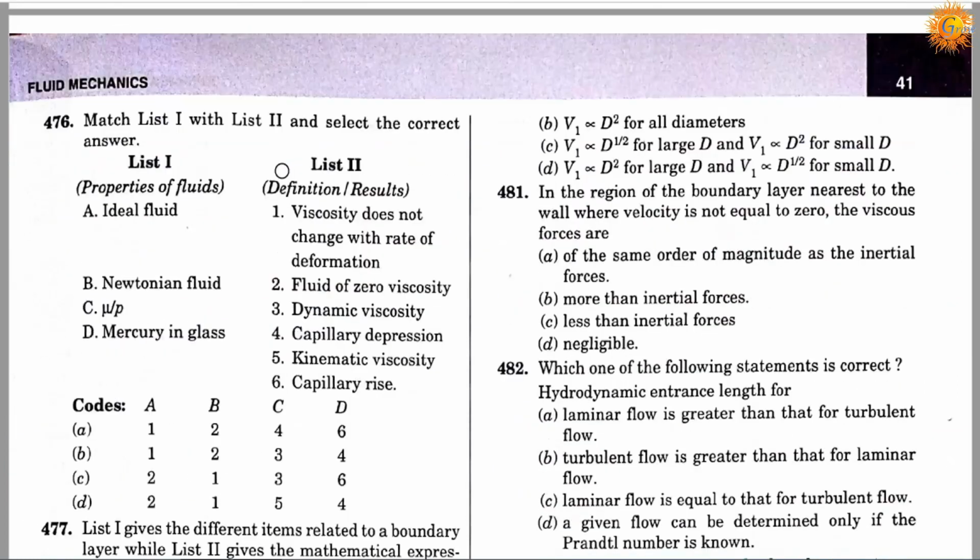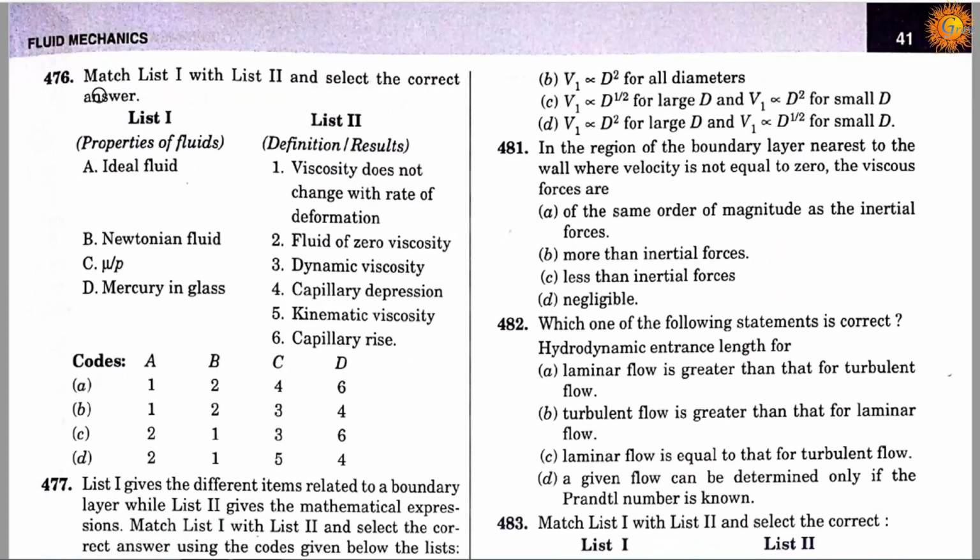Question number 476. Match the first list and second list and select the correct answer. In the first list you will see the properties of fluids: ideal fluid, Newtonian fluid, mu upon rho, and mercury in glass.